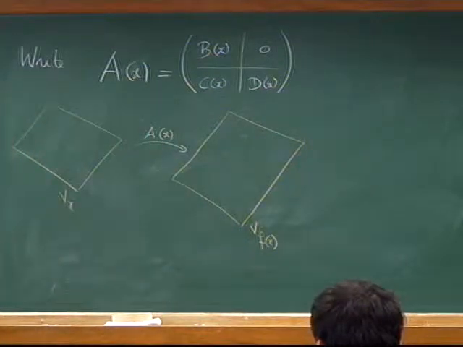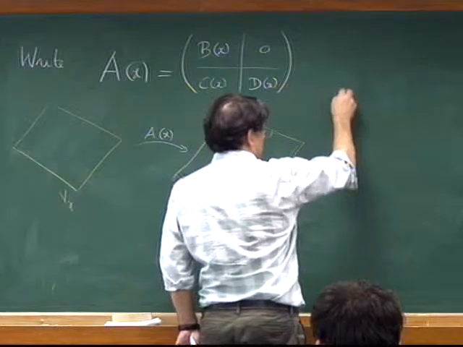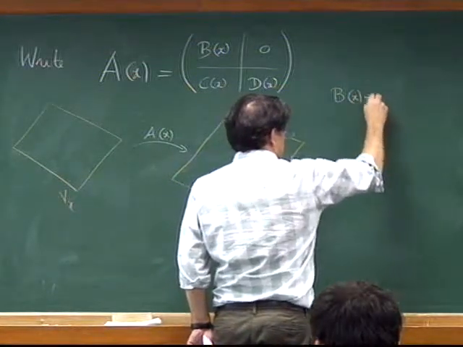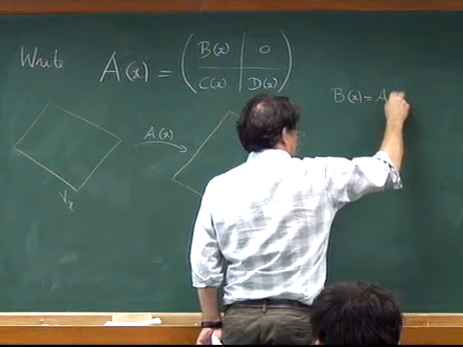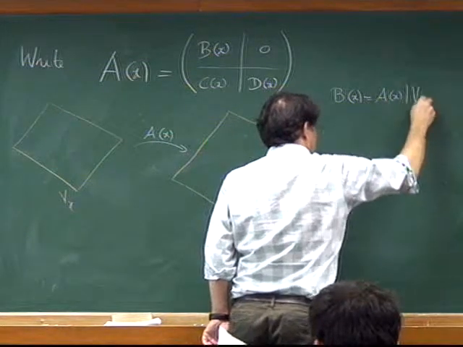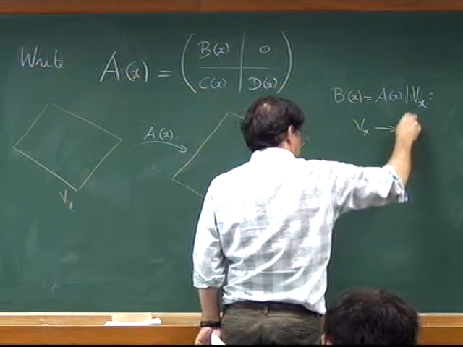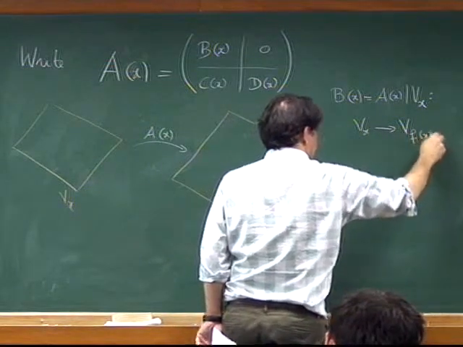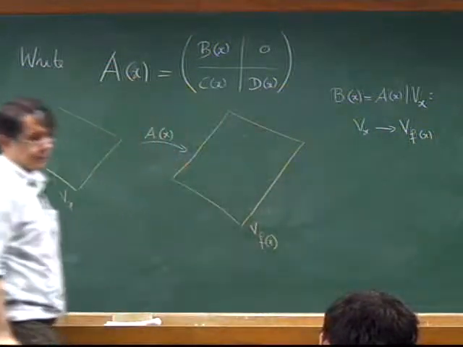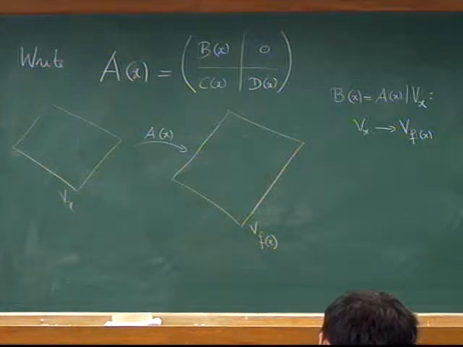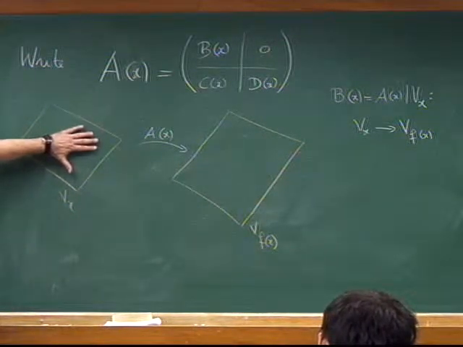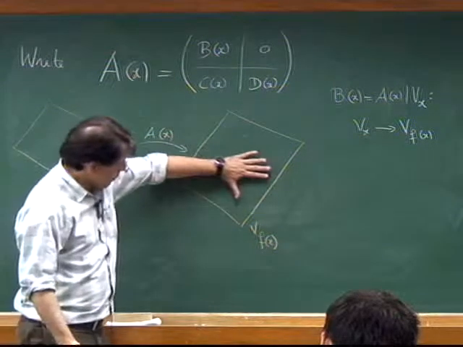And I call B of x the restriction of A of x to Vx. This is a map from Vx to V f of x. That's what B means. Okay? By definition of invariant, this subspace is mapped to this subspace.